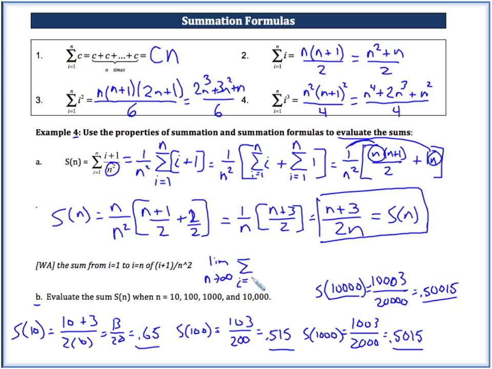So the sum i equals 1 to n of (i plus 1) over n squared equals 1/2. Okay, so that idea of a limit is going to come back in this chapter, and we're going to put these pieces together a little bit more later. For right now, just focus on being able to apply these formulas.